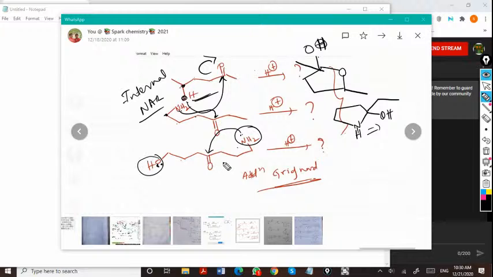So it's going to give the product, resulting in a 5-member ring. Again, nitrogen will be a constituent of the ring, and next to the nitrogen there will be OH, and there will be 3 carbons and 1 OH.